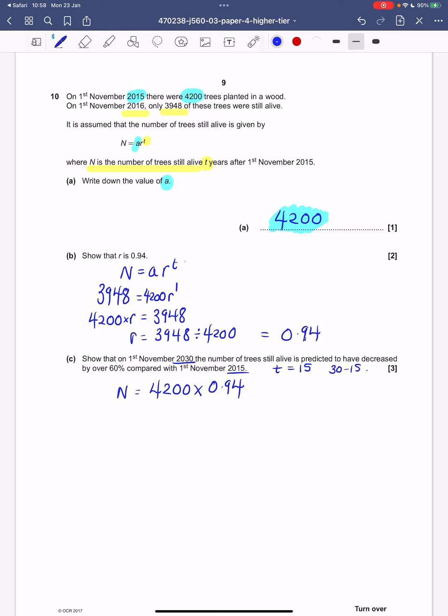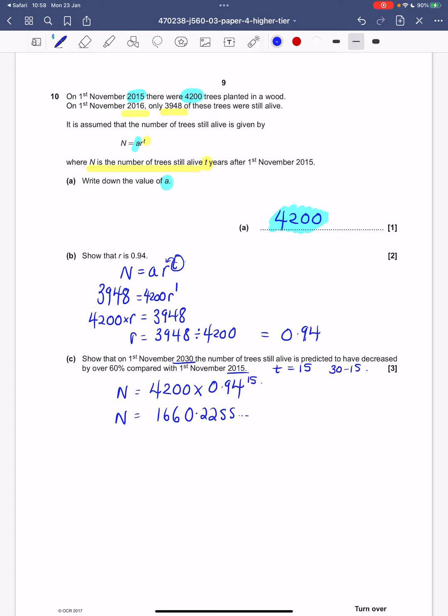So it's going to be to the power 15. So the number still alive in 2030 is 4200 times 0.94 to the power 15, which is 1660.2255, and it goes on and on.